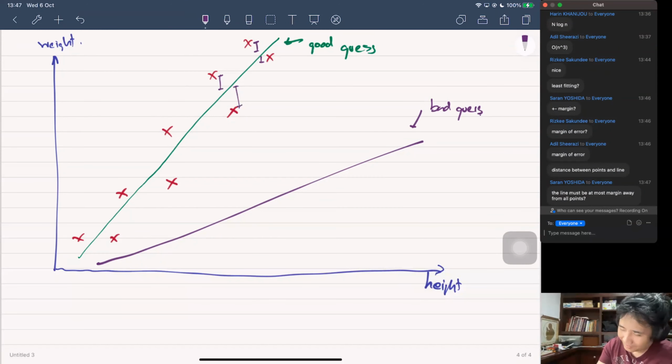So a good line looks like this. A terrible line is a line where the point and the actual line that you guess, that means your guess and the actual result, are so far off.